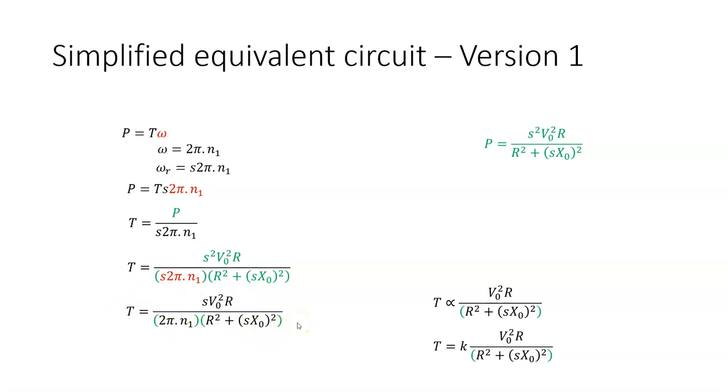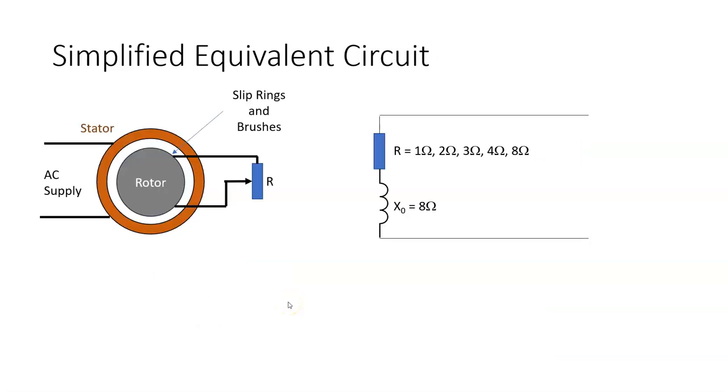Okay, so I'm going to take that equation and use it on a circuit where we have varying R's. So if this is our induction motor, we have an AC supply, this is our rotor, and let's say we have some slip rings and brushes where we could add in an additional resistance.